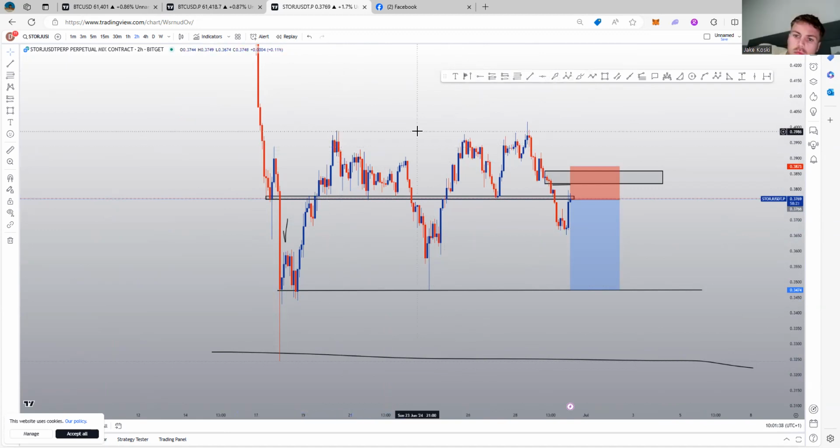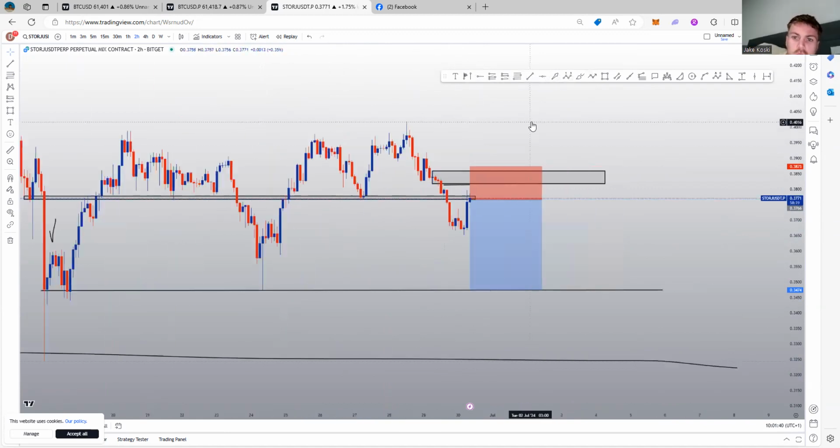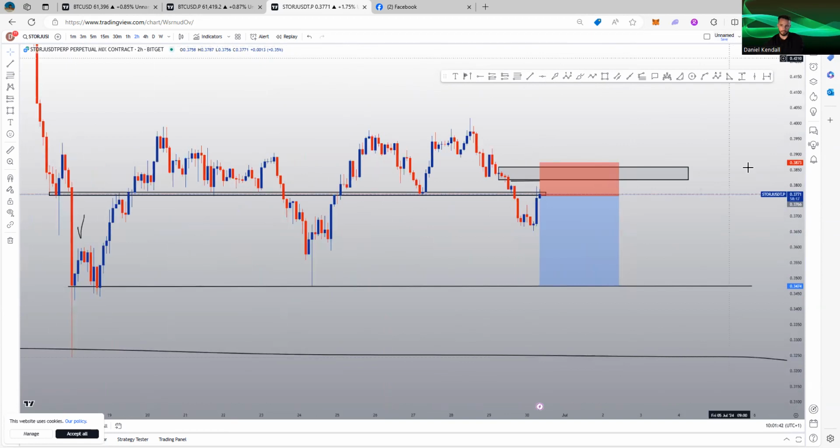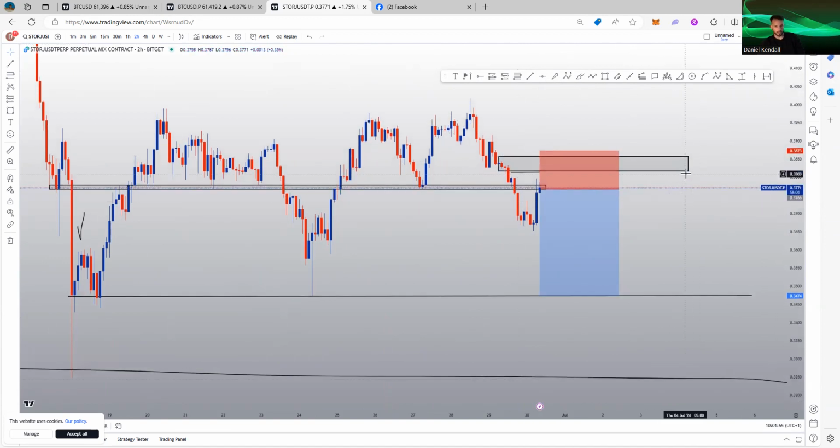So we'll just have to wait and see what Bitcoin's doing though. At the moment it's just testing resistance, isn't it? If Bitcoin all of a sudden starts to pump, it's going to pull this coin up. But if Bitcoin pumps and wicks into the 2-hour order block, starts rejecting, it's going to pull this one up into that 2-hour order block. Do you see what I mean?